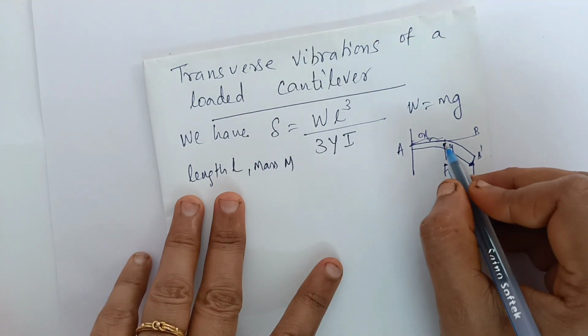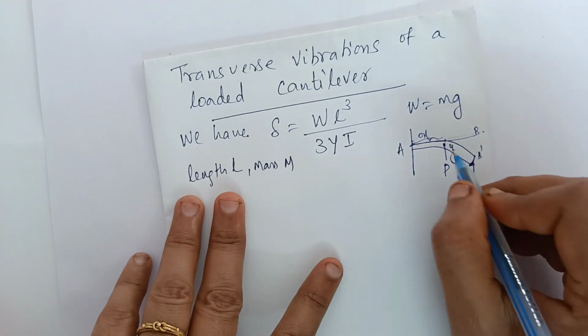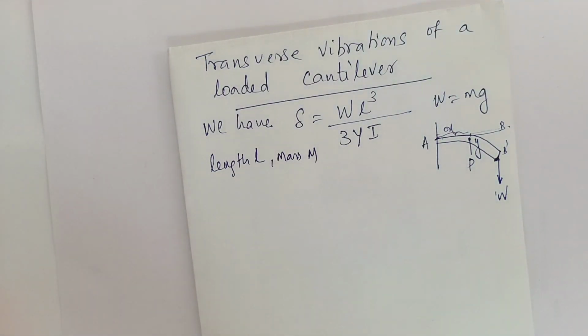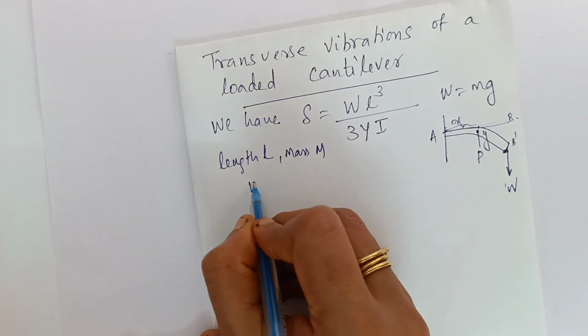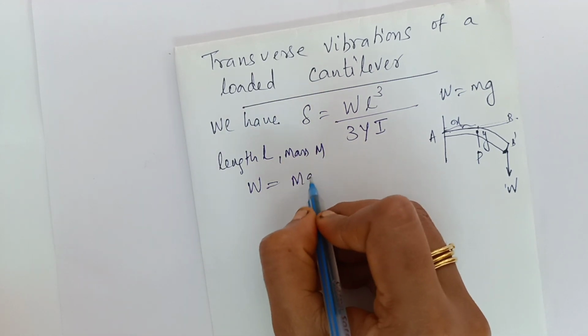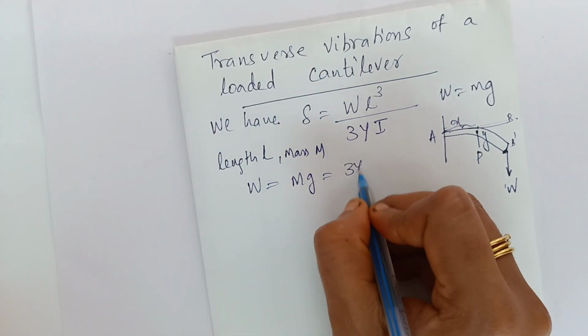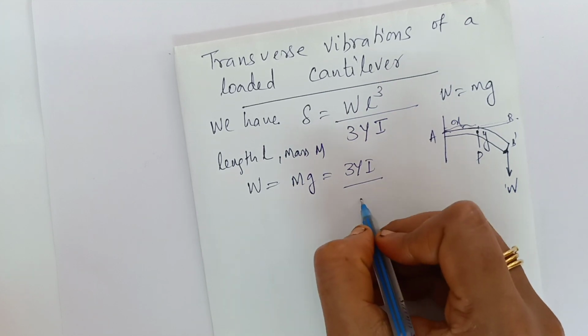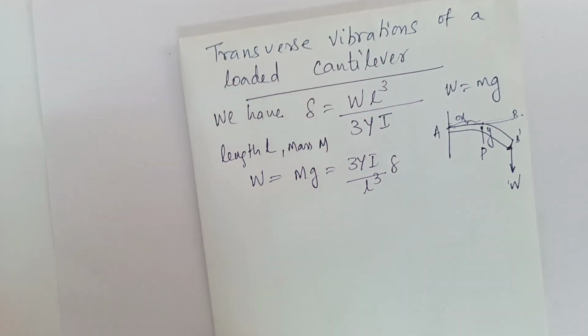This is the unbent x-axis and the bent depression is vertically downward, the y-axis. So we got delta. Therefore W is equal to mg, that is equal to 3YI by L cube into delta.